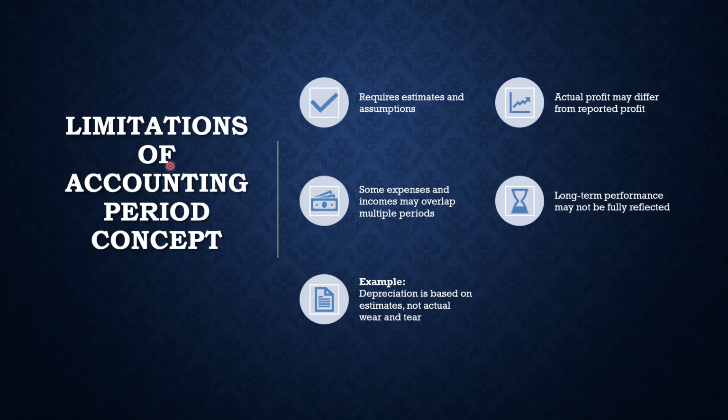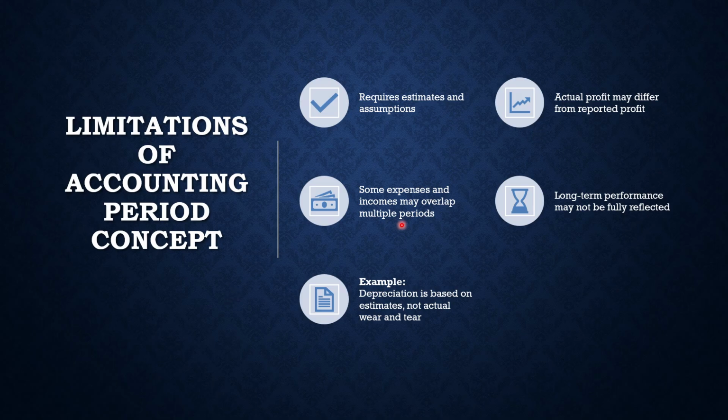Despite its benefits, the accounting period concept has certain limitations. One limitation is that it relies on estimates and assumptions. Not all income and expenses can be measured with complete accuracy within a specified period. Because of this, the actual profit of a business may differ from the profit that is reported. Some figures are based on judgments rather than exact values.